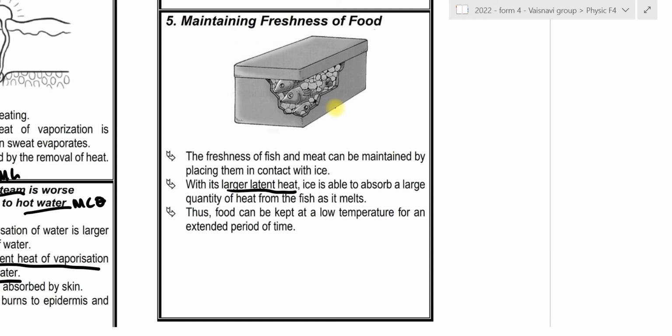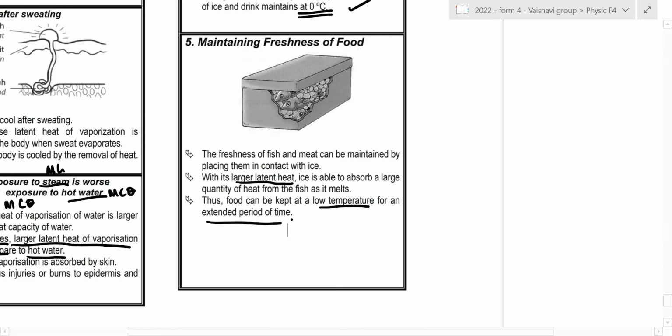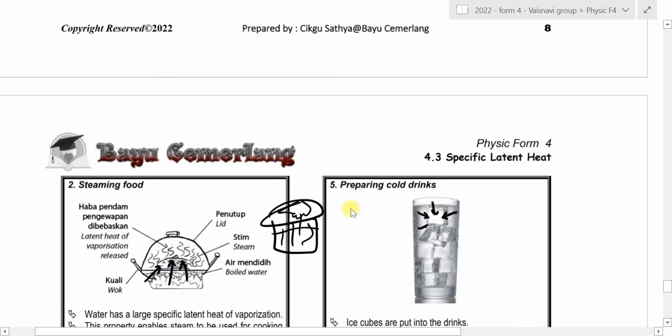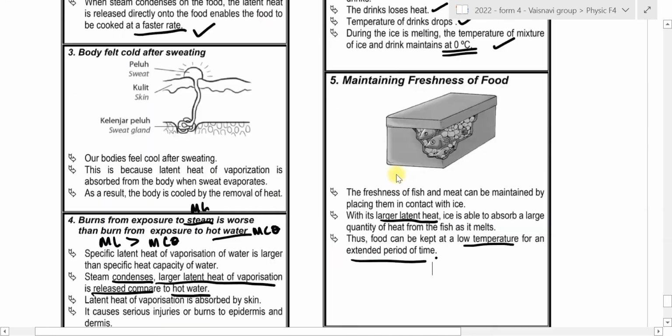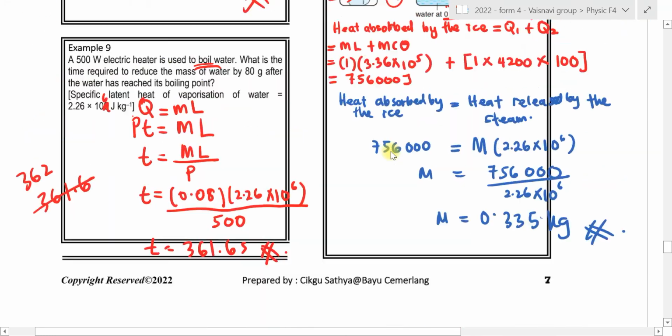Fish கிட்டேந்து இருக்கிற ஹீட் எல்லாத்தையுமே ஐஸ் கட்டி இழுத்துரும். அப்போ fish jadi sejuk. Okay, thus food can be kept at low temperature for an extended period of time. Can understand? Can sir. Okay, that's all about 4.3. Okay, ஏதாவது கேள்வி இருந்தா யோசிச்சு வை, நான் 4.4 அப்லோட் பண்ணிடுறேன்.